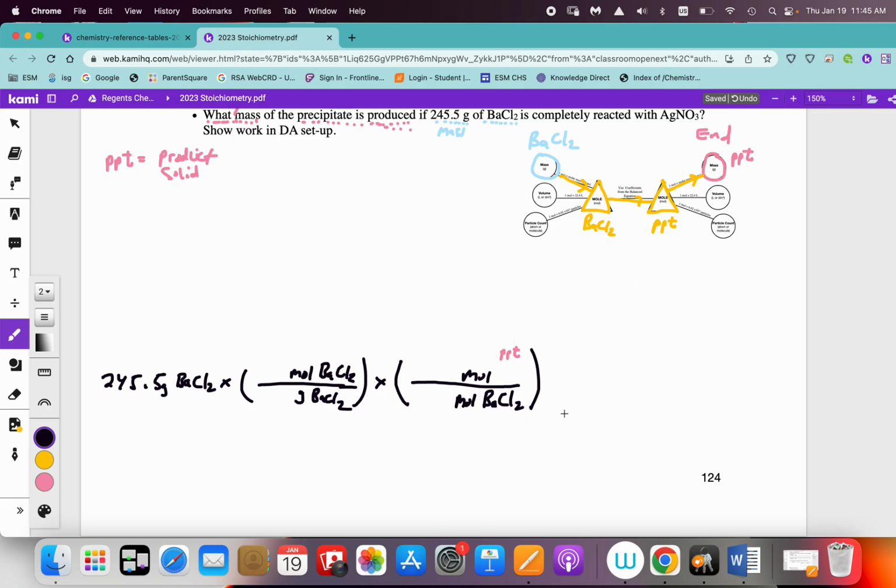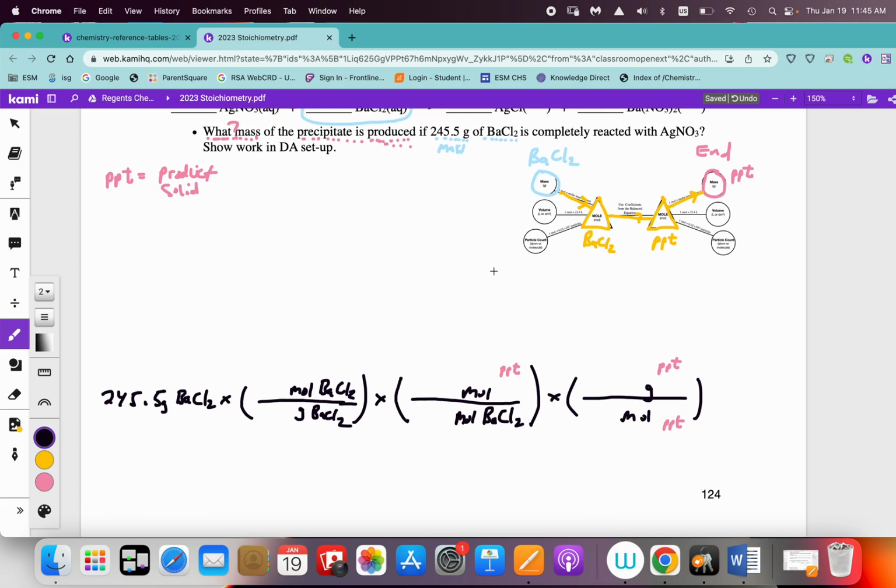From here, I need to get to the grams of whatever the precipitate identity is, and I need to come away from the moles of that precipitate. I'll fill in the actual chemical formula once I figure out which product is the precipitate. So let's do that now so we can figure out some stuff.